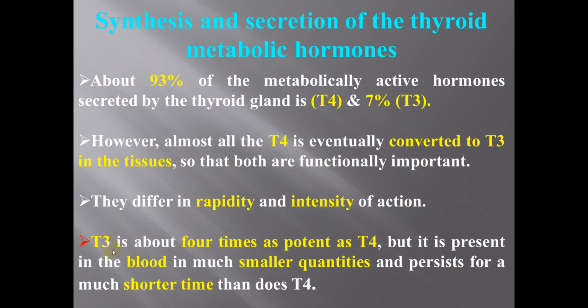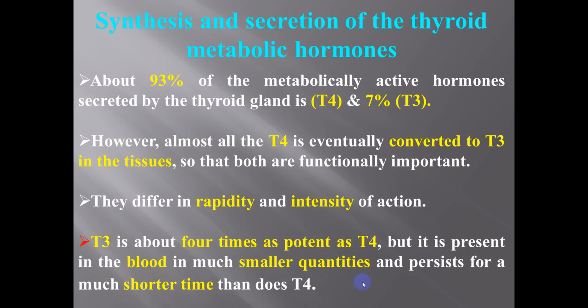How? The answer is T3 is about 4 times as potent as T4 in action, but it's present in the blood in much smaller quantities. إذن هو رغم low level of T3 in the blood لكن power of action مالته تكون أعلى.